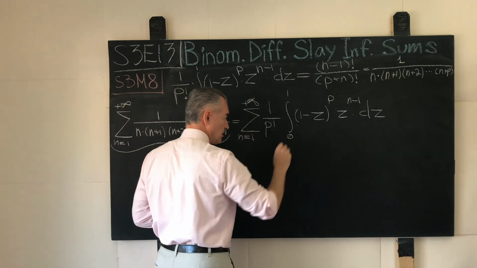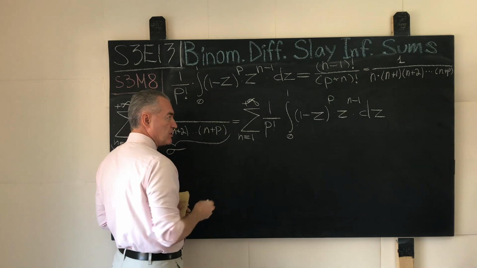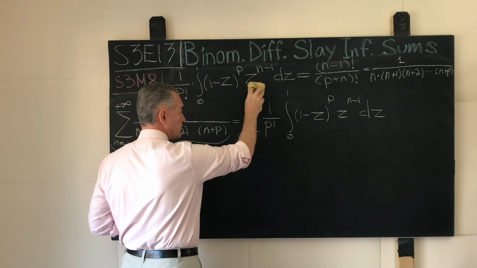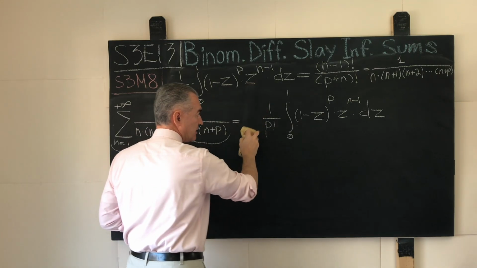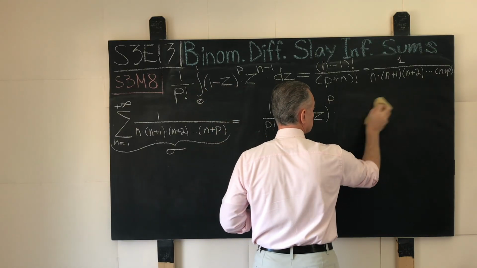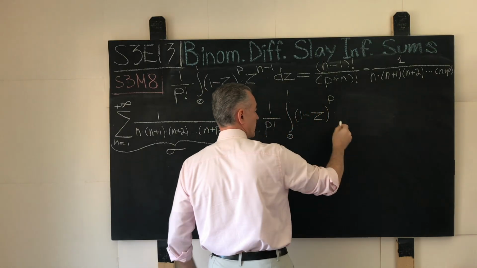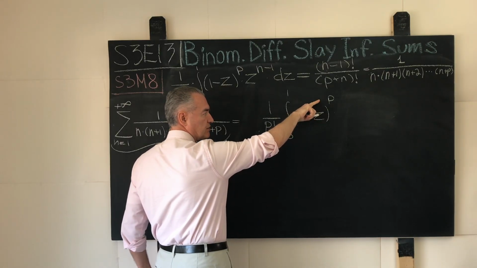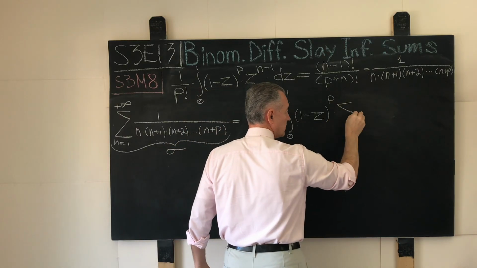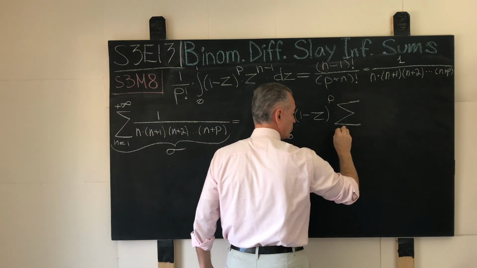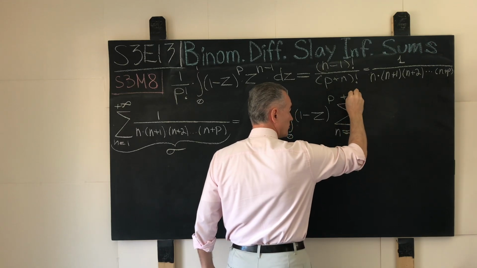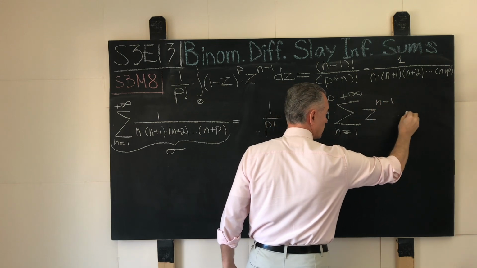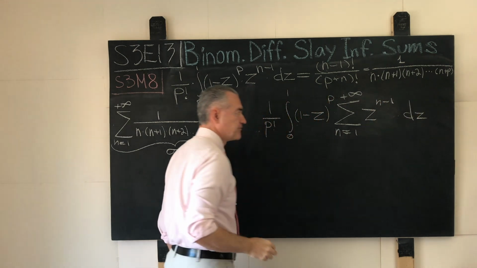We can move the summation sign through the integral sign, and what we can do here is rewrite our integral representation of the given sum as follows. We bind this sum not to this factor, because nothing there depends on n, but to all the material that depends on n, from 1 to positive infinity, but this is z raised to the power of n minus 1 dz.